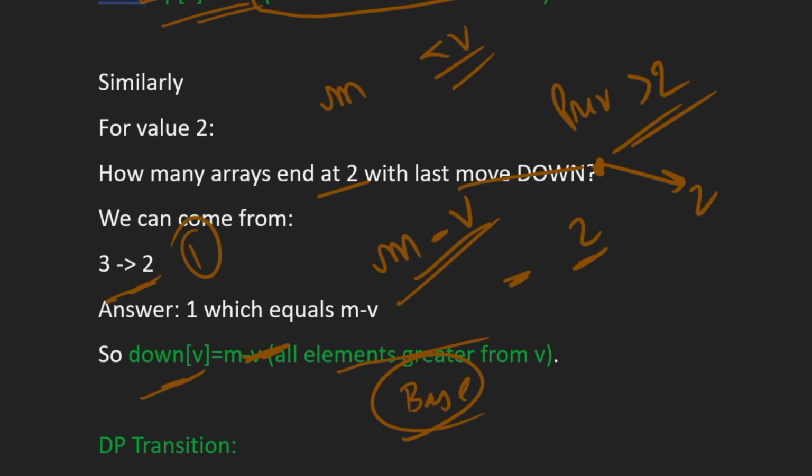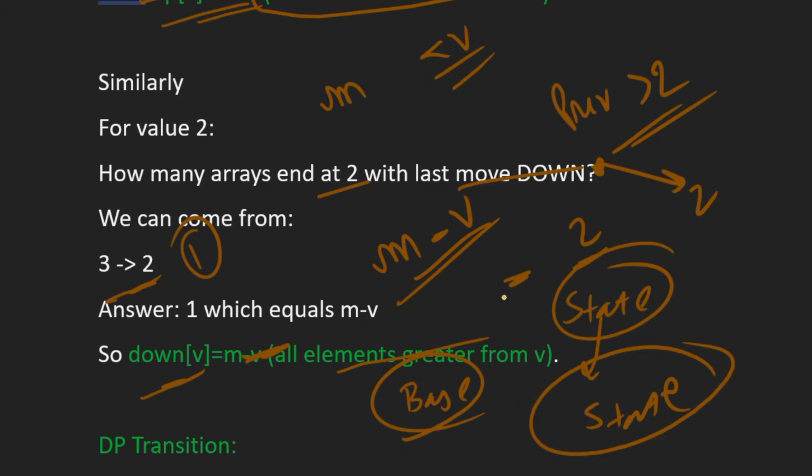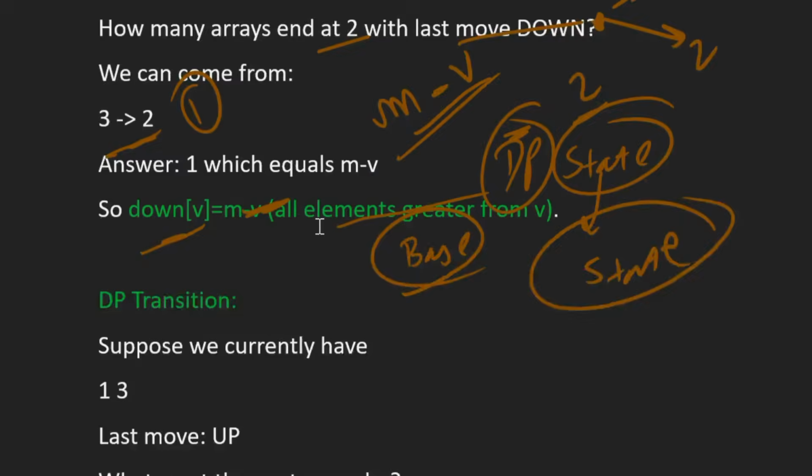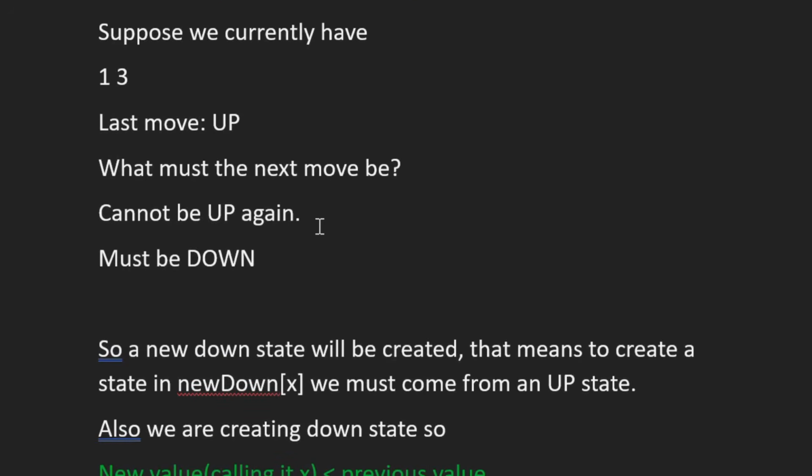So next what we'll see is how we'll transit from one state to another state, right? So how our dp states will do the transition from one state to another. Now suppose currently we have 1 and 3.